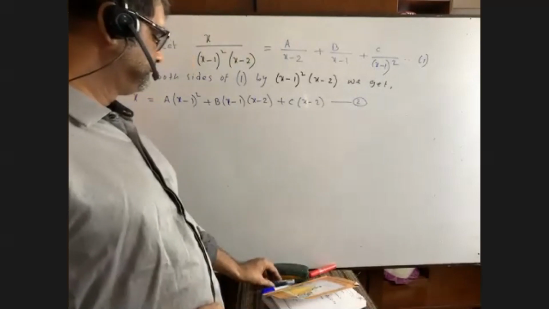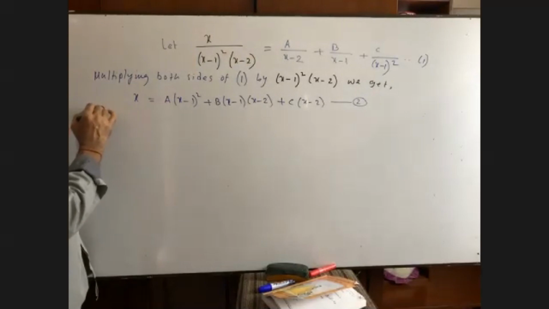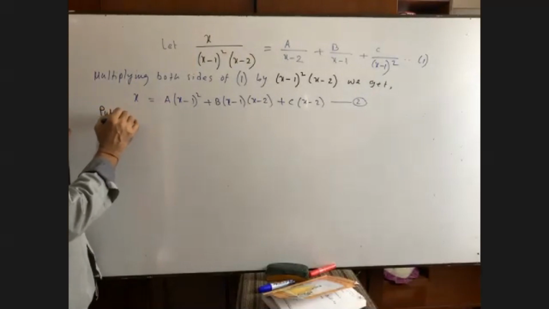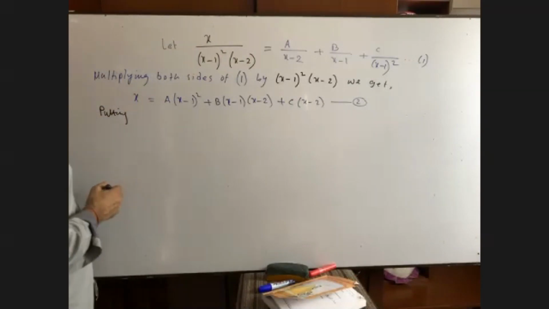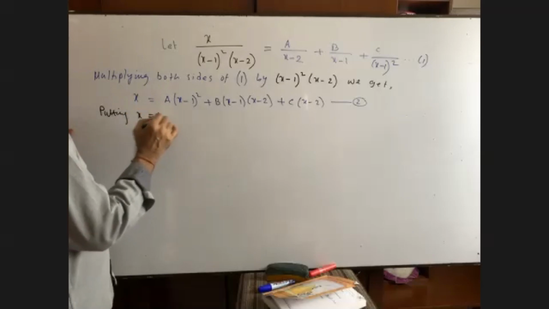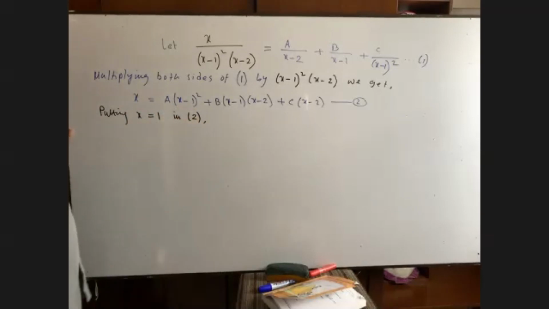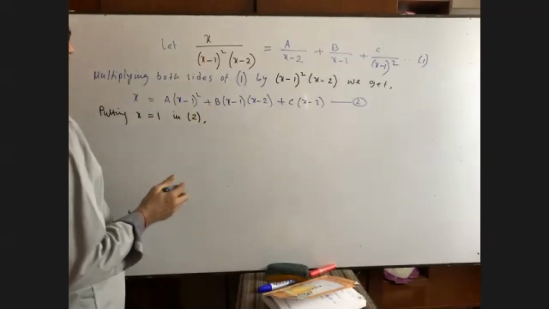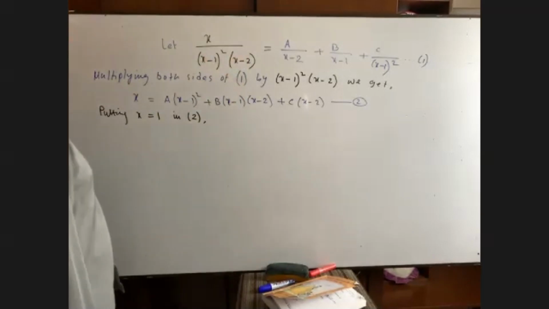Now what should we do? Putting the values x equals to 1 and x equals to 2. Putting x equals to 1 in 2. Because x minus 1 equals to 0 gives x equals to 1, and x minus 2 equals to 0 gives x equals to 2.